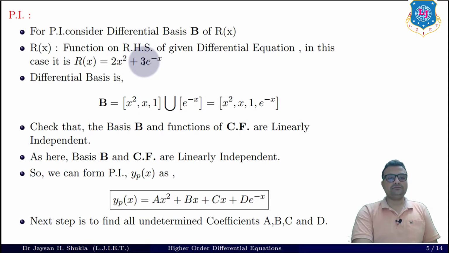Now, taking the second part, we have the function 3e raised to minus x. What is the derivative of this? It is minus 3e raised to minus x, and so on. Therefore, the variable part is only e raised to minus x.